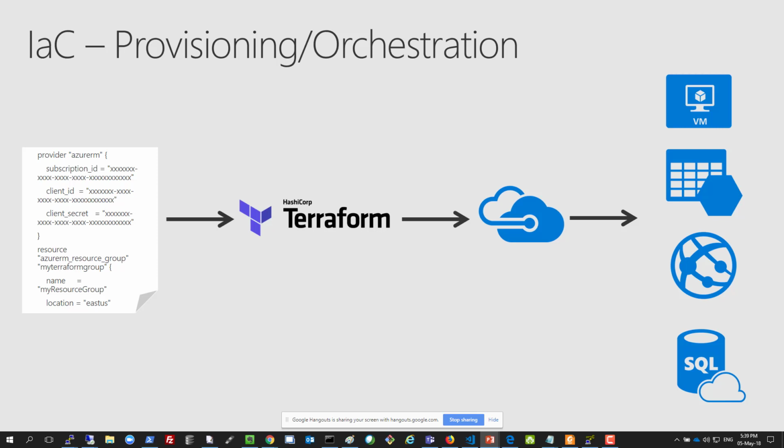So Azure ARM template, CloudFormation template, and Terraform. Terraform falls in the same category as CloudFormation and Azure ARM template. They are for provisioning infrastructure. So configuration management tools and server templating tools define the code that runs on the servers.